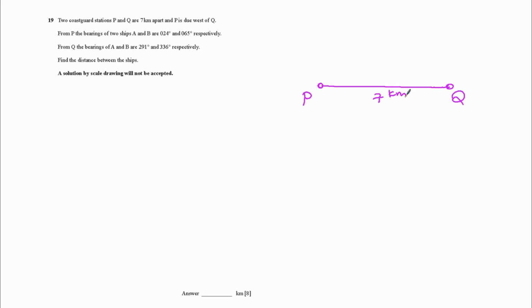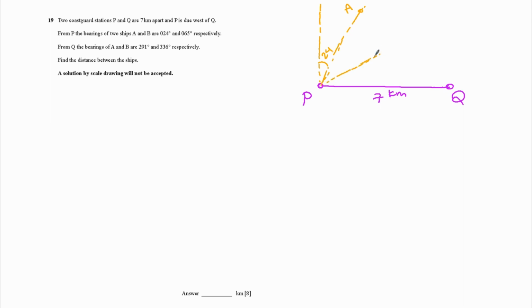We know that the bearing is a clockwise angle from the north line. So from P, 24 degrees, we are looking somewhere around here. Somewhere around here is ship A, and that is 24. And B is 65, somewhere around here is B, and that is 65.